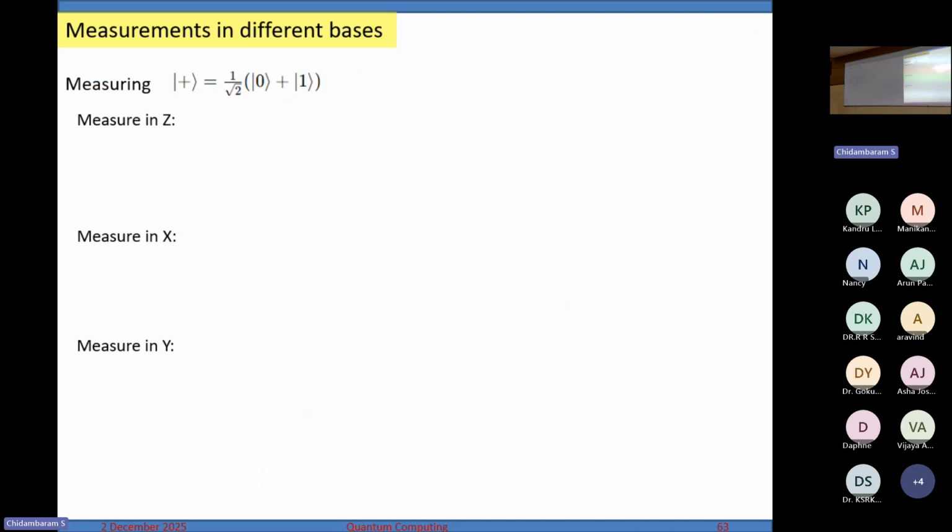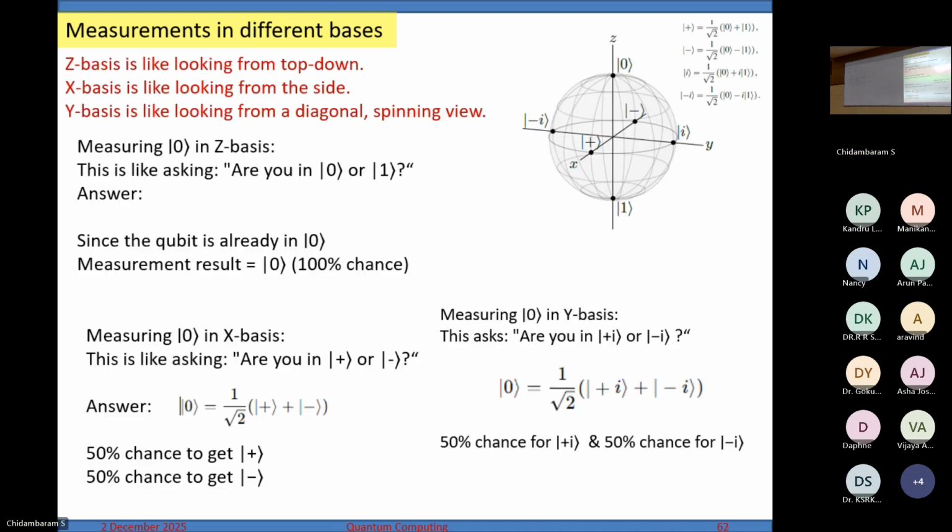No, it is about the basis. Your qubit is in some position. Now, in which basis? Say the point is you are getting a very good doubt, but how to answer this?